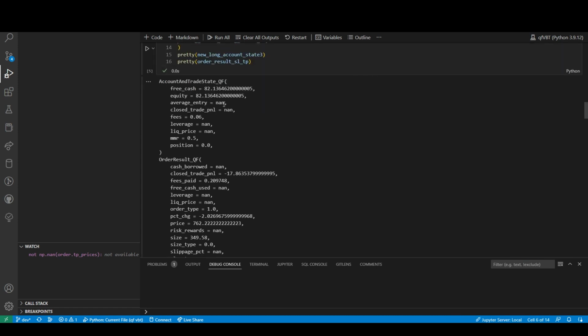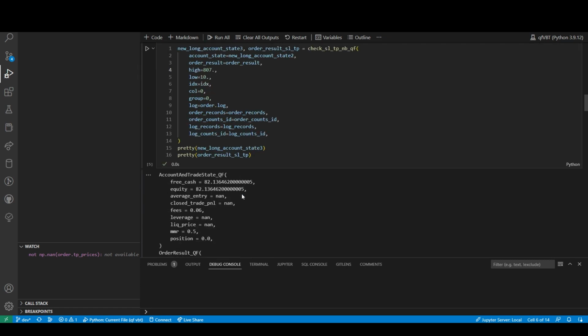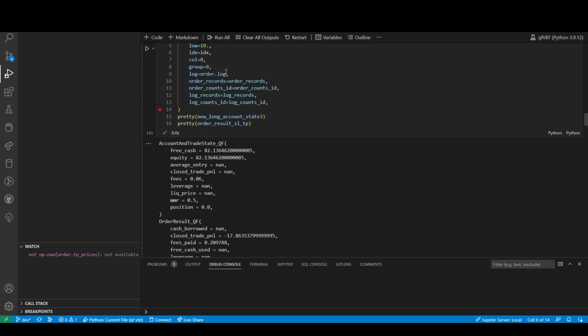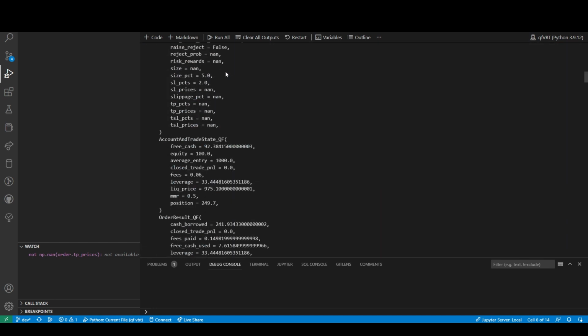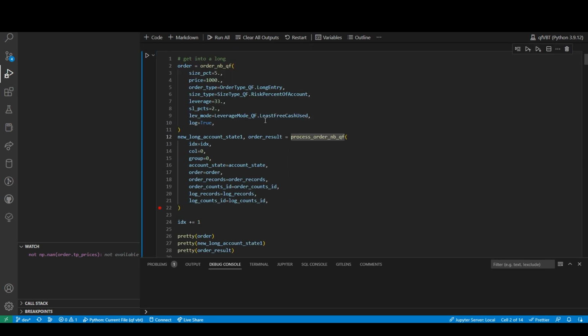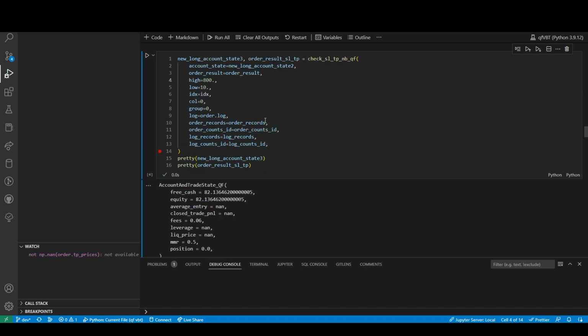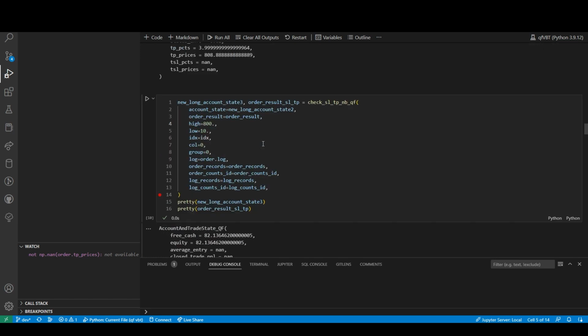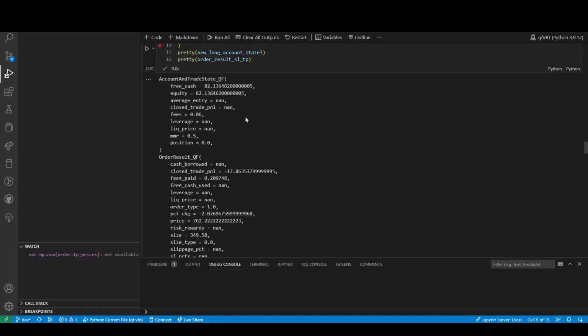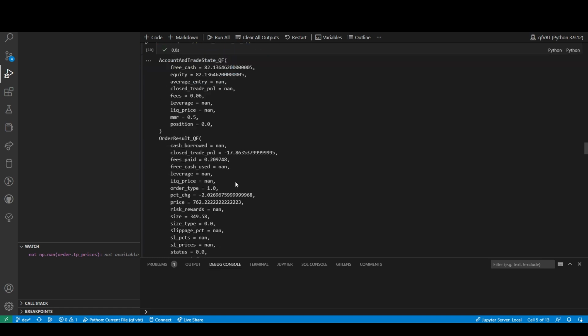Oh, my equity has gone down. How did I close a trade for negative $17? What was my average entry? What? What happened? So let's do this. I still don't understand.